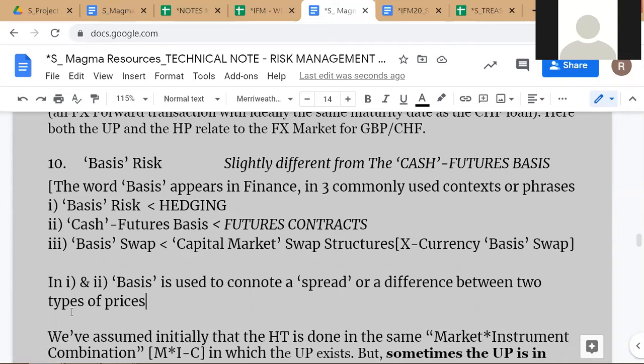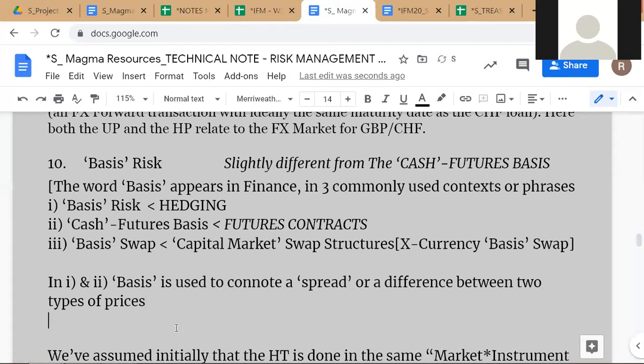When we talk about basis risk, like the chart I showed you between jet fuel and crude oil, there again the word basis refers to the difference between the jet fuel and the crude oil price. So it's just referring to a spread position kind of idea. In 3, it is actually used in a different context.